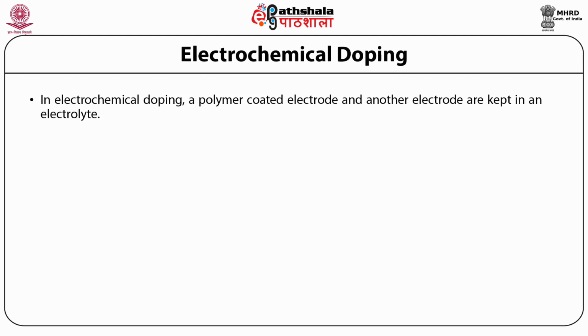Now students, we will discuss the next type of doping, that is electrochemical doping. Although chemical doping is a straightforward and simple way of doping polymers, the control of the dopant amount can be difficult.